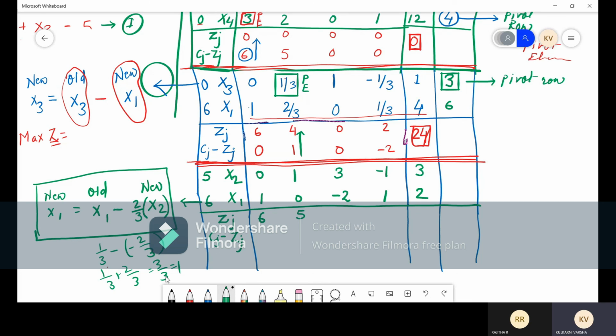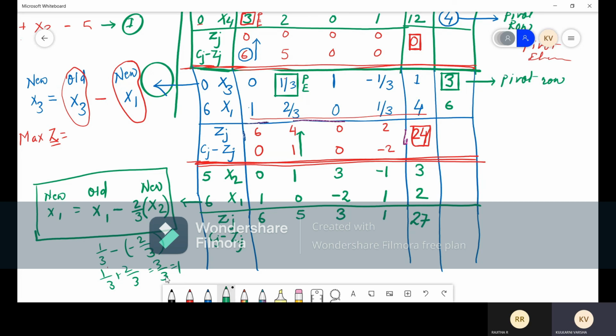That means 5 into 3, 15 minus 12, so it will be 3. And this is 5 into minus 1, so that is minus 5 plus 6, so it will be 1. And this will be 5 into 3 plus 6 into 2, so 15 plus 12. So this will be 27.